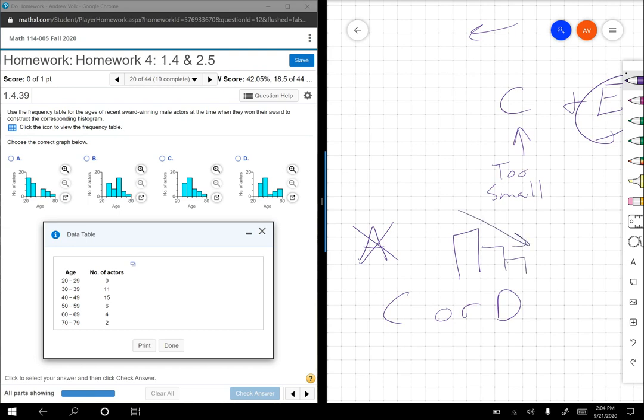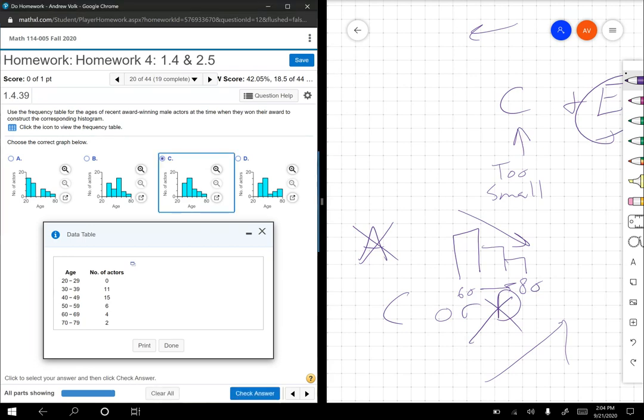Should be going down those last 3 from 60 to 80. And when we look at that, that means we're going to rule out D because it actually goes up. We have more 70 plus year olds, but that's not the way our data says. So I'm going to pick C.